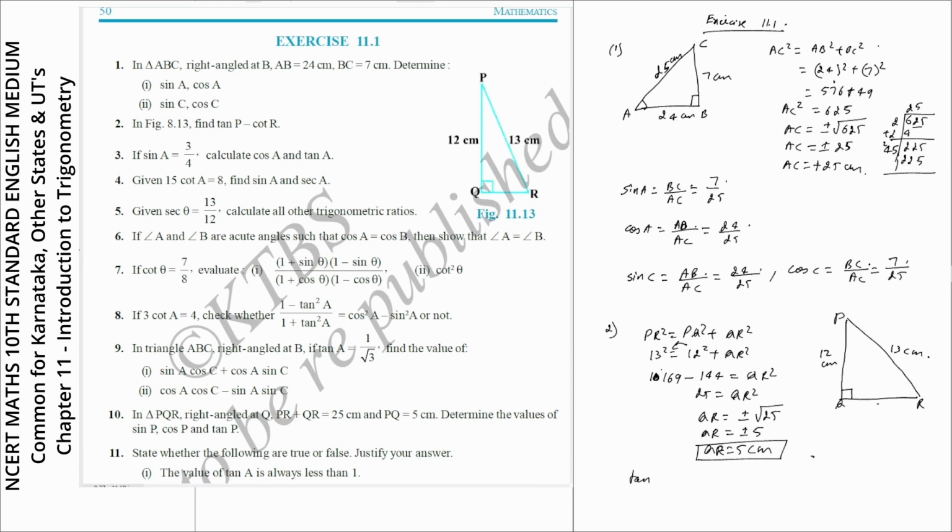So tan P minus cot R is equal to, what is tan P? So this is 5 centimeter.